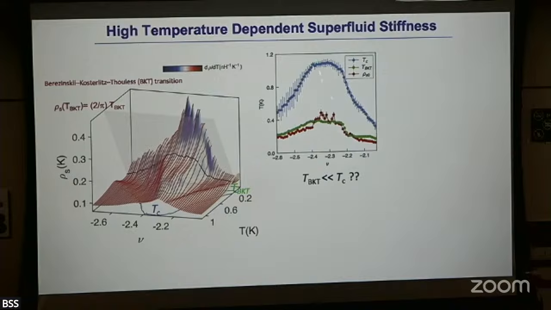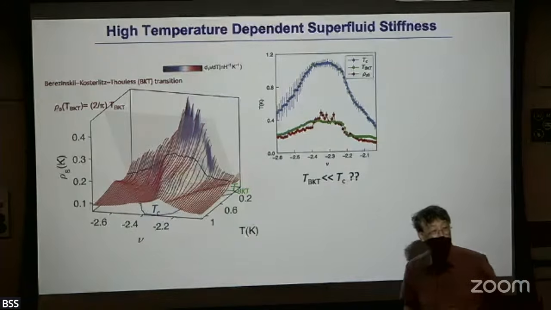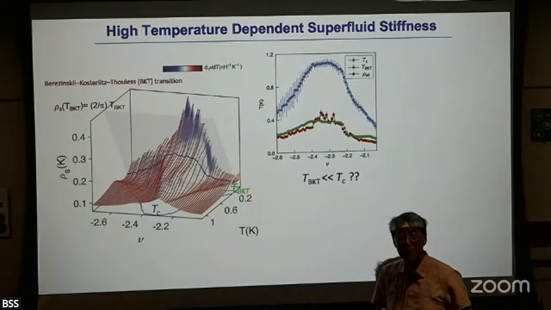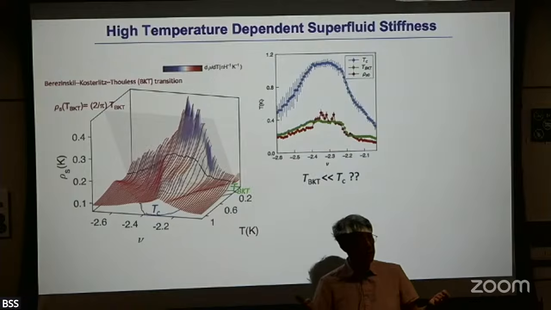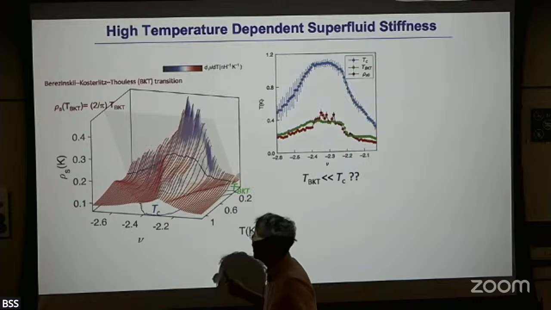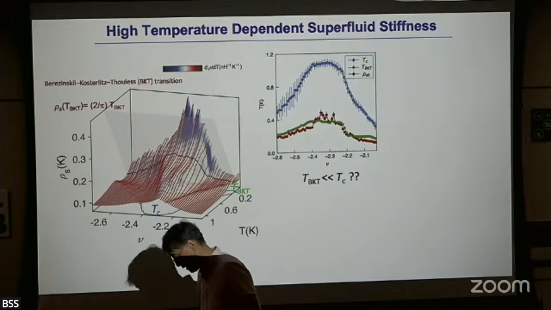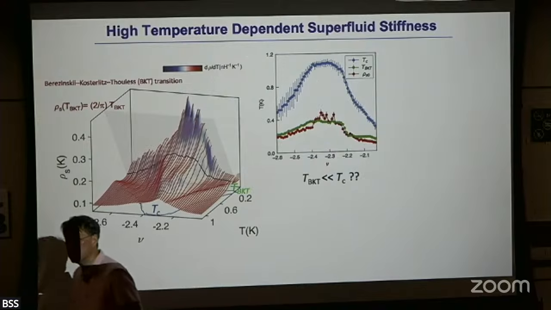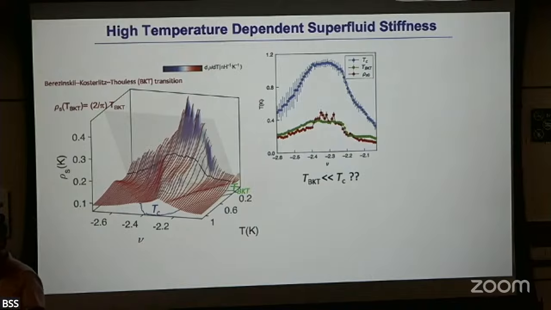The reason this is disturbing is that if I strictly follow this as my BKT transition temperature, it indicates that above the BKT transition temperature I still have, as theory expected, free vortices, right? But even with the free vortices, somehow I have zero resistivity in the sample, which is rather contradicting. So we really need to reconcile why there is this huge discrepancy.